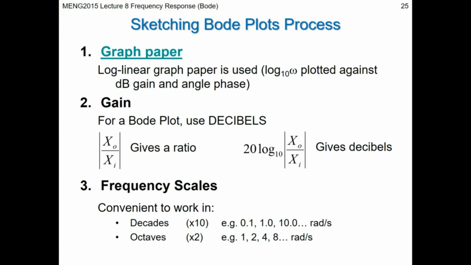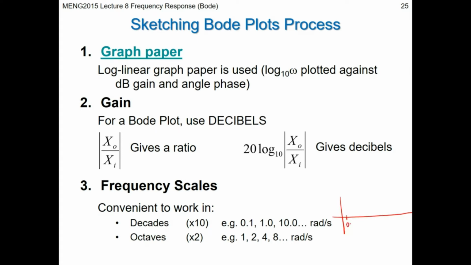We have to know about our frequency scales, and we could either work for frequency in decades, which goes up in factors of 10, or we can use octaves. If we use decades, which we tend to do most commonly, then every increment on our semi-log scale is a factor of 10. So the first increment would be 0.1, the next major increment would be 1, the next would be 10. These increments, being a log scale, are evenly distributed.